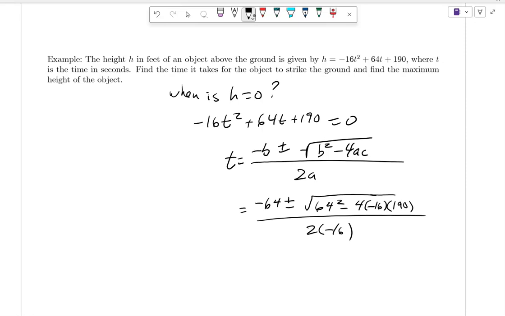Okay. So notice that there are 2 solutions. Well, we might get exactly one solution if this turns out to be 0. But notice that we get a plus and a minus, which makes sense if you think about it graphically. If you've got a quadratic, a parabola that crosses the x-axis, if it goes below it, it has to go back up again. If it goes above it, it has to go back below it again.